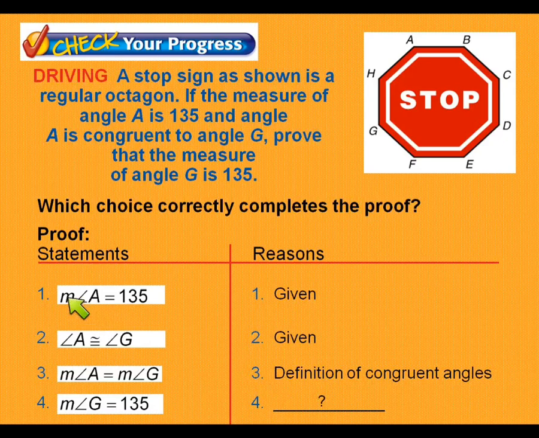So I have A is equal to 135. A is equal to G, so therefore G is equal to 135. The first two things are equal to each other. The second and third things are equal to each other. So the first and the third things are equal to each other.